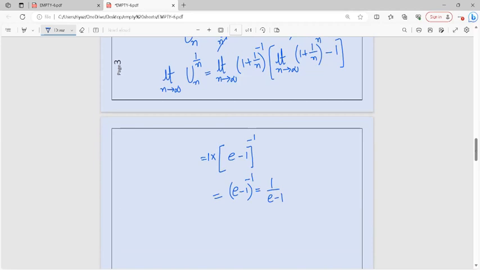And already we know that e value is 2.71, so it is 2.71 minus 1. Whatever the answer, but definitely less than 1. So by root test, summation u_n converges. This is the way we have to solve the problems. So this is the end of the class and end of the lecture also.